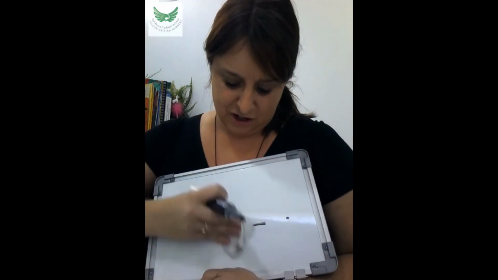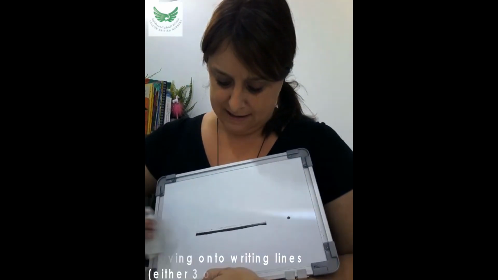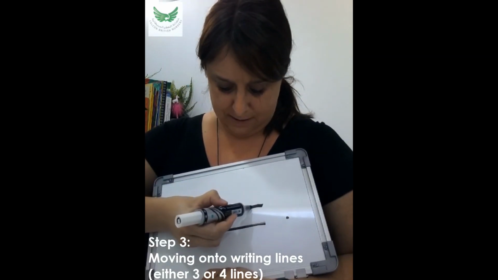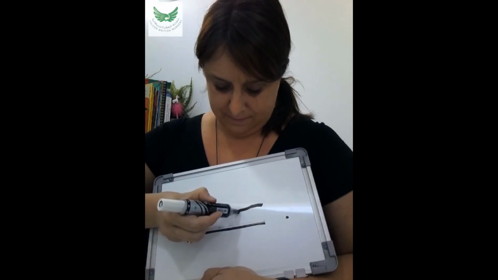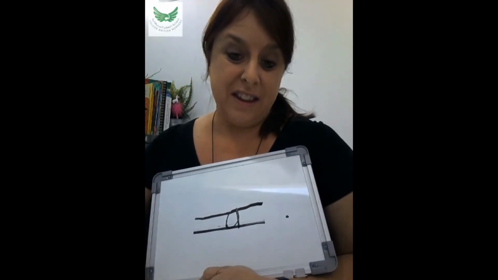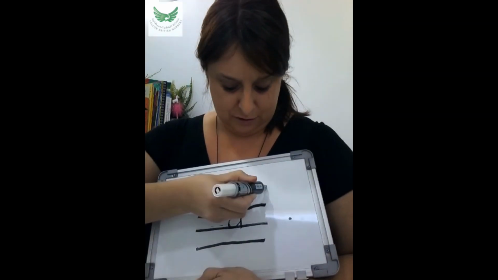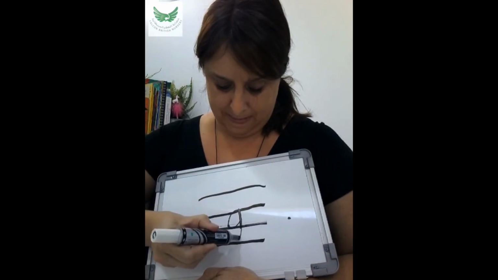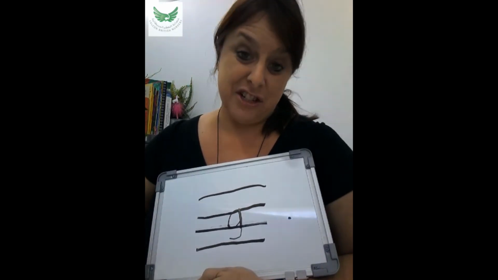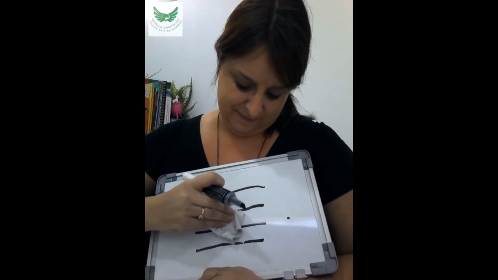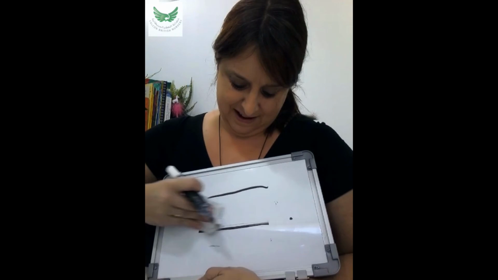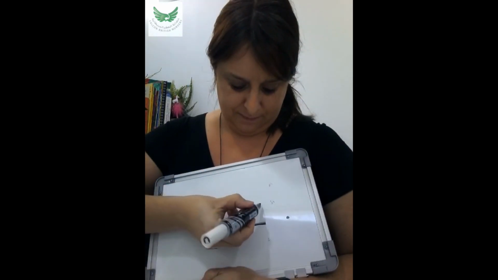And then finally the child will have writing lines, and usually there's a top and a bottom so that they can touch. Then you'll move on to lines where they have spaces to go under, touching the bottom, and finally at the top as well.